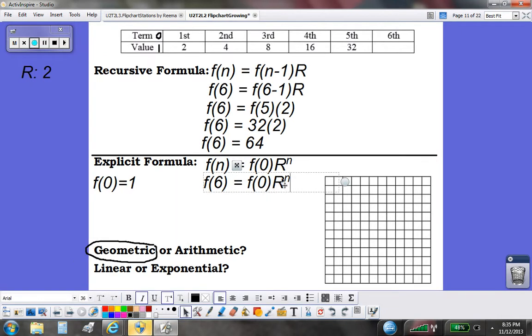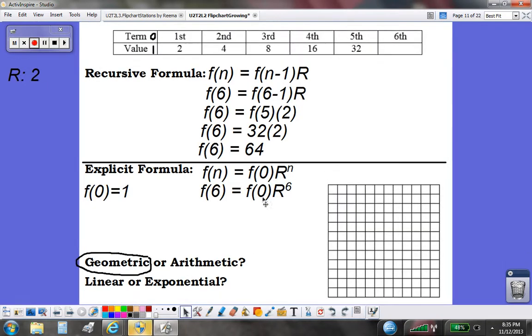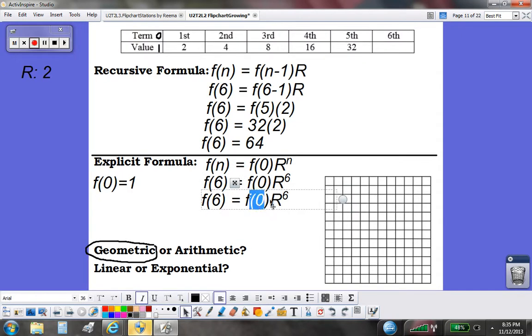Let me go ahead and change that n here to 6. That's not how I want it to look. I want it to be an exponent, so I'm going to retype that. Alright, so now I have f of 0, so I'm going to change that out. f of 0 is 1. Okay, parentheses.